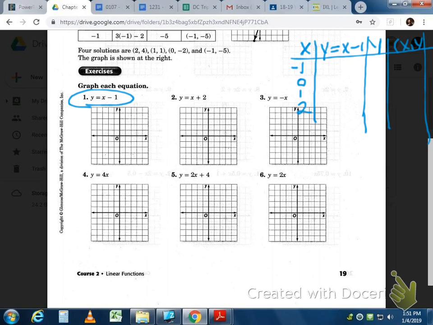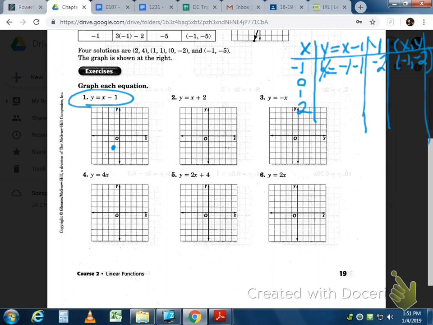So the first one where x is negative 1, y equals negative 1 minus 1. So if you're at negative 1 minus 1, you're already in the whole 1 and you're losing one more. Where would you end up? Negative 2. So my ordered pair is negative 1, negative 2. That is my first solution. I'm going to come to my graph under number 1, start at the origin, go negative 1, negative 2, and put my first point.